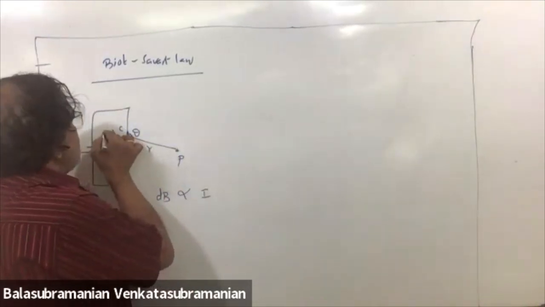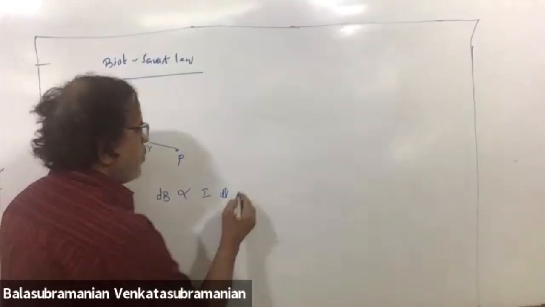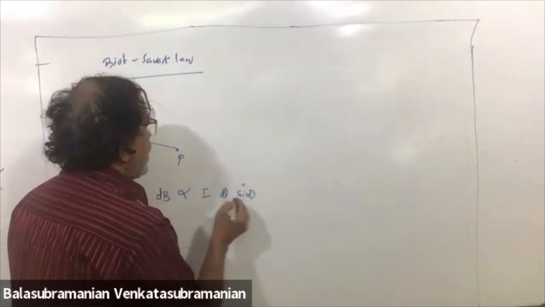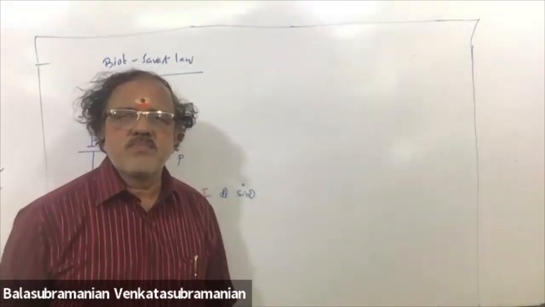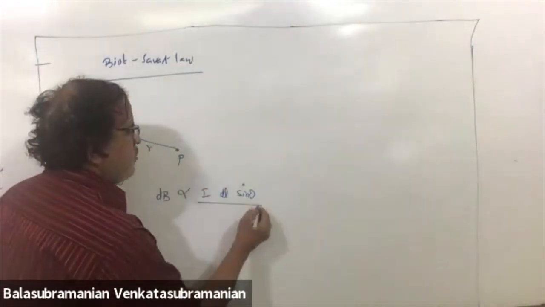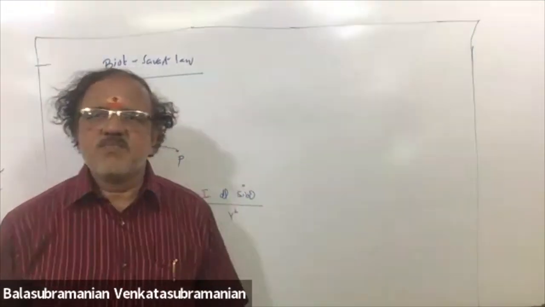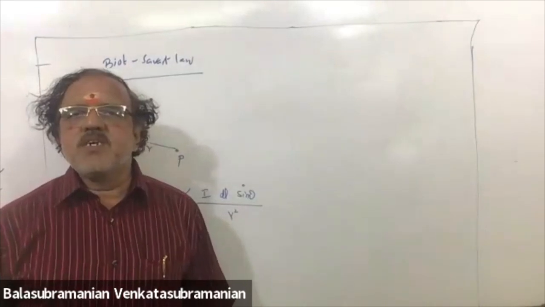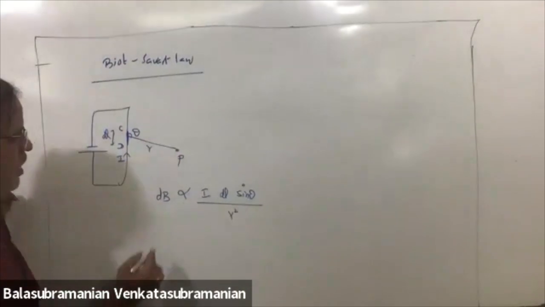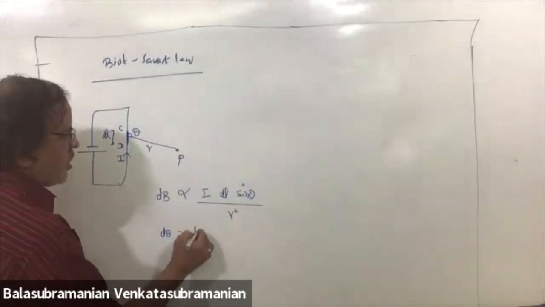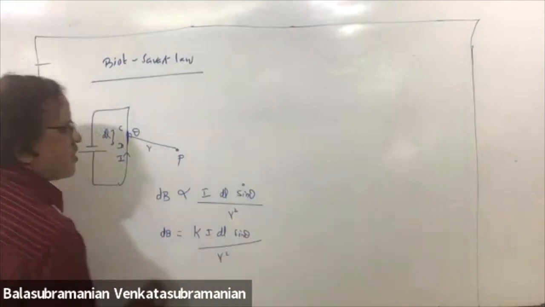The element length is dl, I dl, current element, proportional to sine of the angle between the element and line joining, and inversely proportional to the square of the distance. dB proportional to I dl sine theta by R square, or dB is equal to a constant K I dl sine theta by R square.